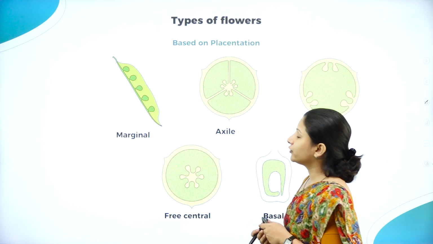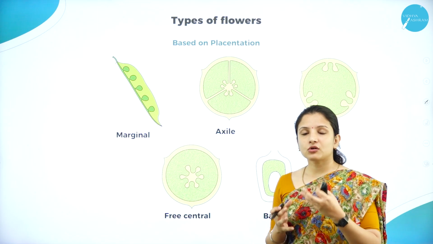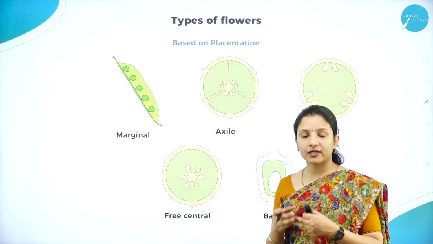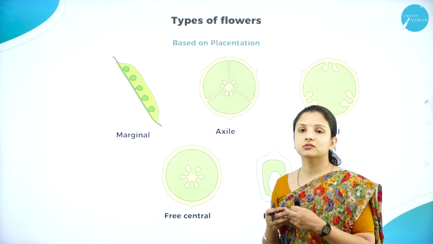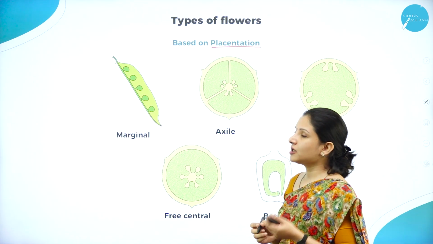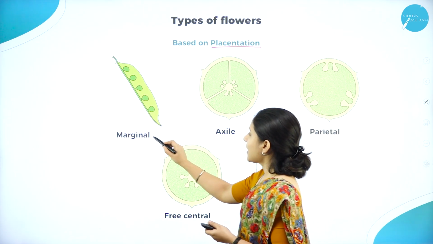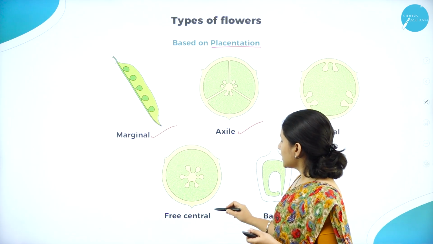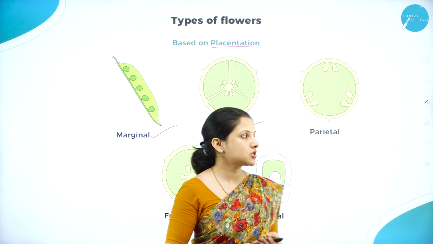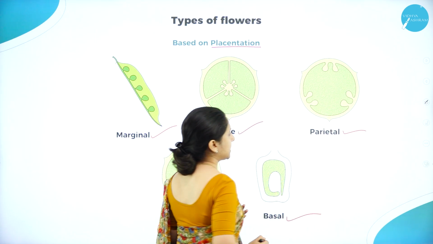Next, moving on to placentation. What is placentation? Based on how the ovules are arranged inside the ovary, it is called placentation. Based on placentation, they can be of different types: marginal placentation, axial placentation, free central placentation, parietal placentation and basal placentation.